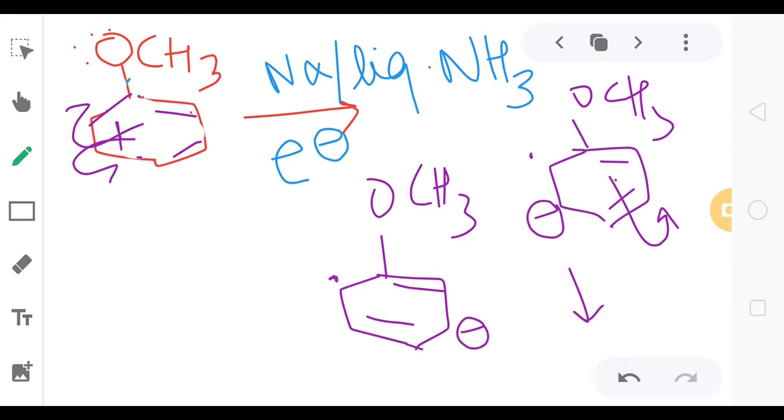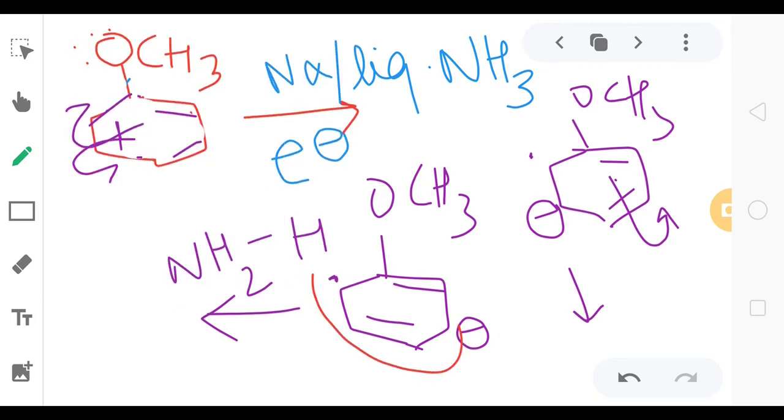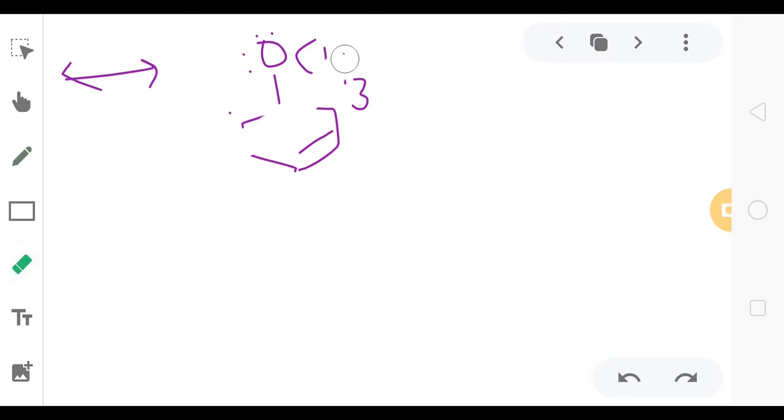Now this negative charge will attack this proton, and the reaction goes in this way.